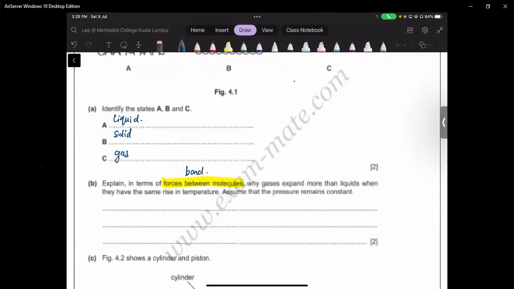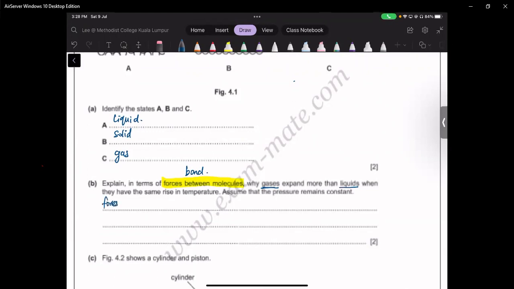Why does gas expand more than liquid when they have the same rise in temperature, assuming that the pressure remains constant? So I think the first thing we want to do is compare the bond between gas and liquid. Which one has a stronger bond? Gas or liquid?